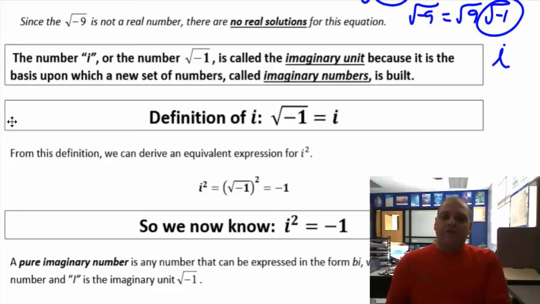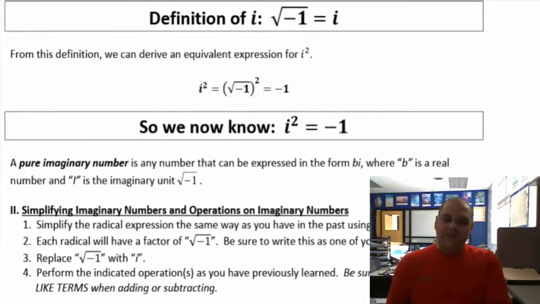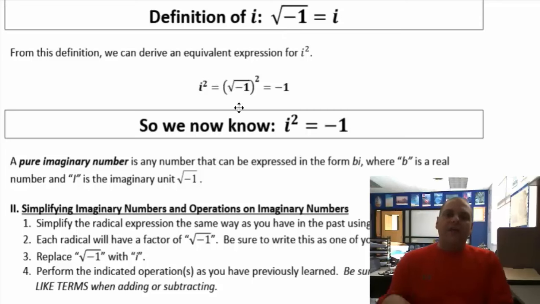All right? So from this definition, we need to come up with what i squared would be, because in the problems we're going to be doing, i squared comes up a lot. i comes up a lot, but so does i squared. i squared would be the square root of negative 1, squared. Remember radical equations?